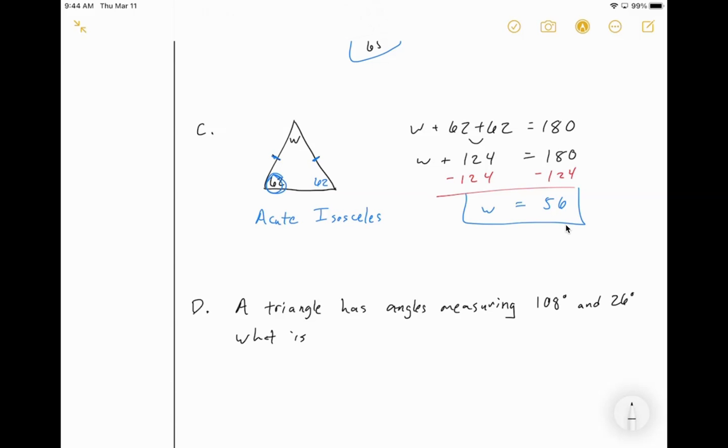What is the third angle? Okay. So this is the kind of problems you're going to see on the IXL, something kind of like this. Can you guys figure this out? You guys write that down and then figure it out. So a triangle has angles measuring 108 degrees and 26 degrees. What is the measure of the third angle? I'll give you guys a second to figure that out.